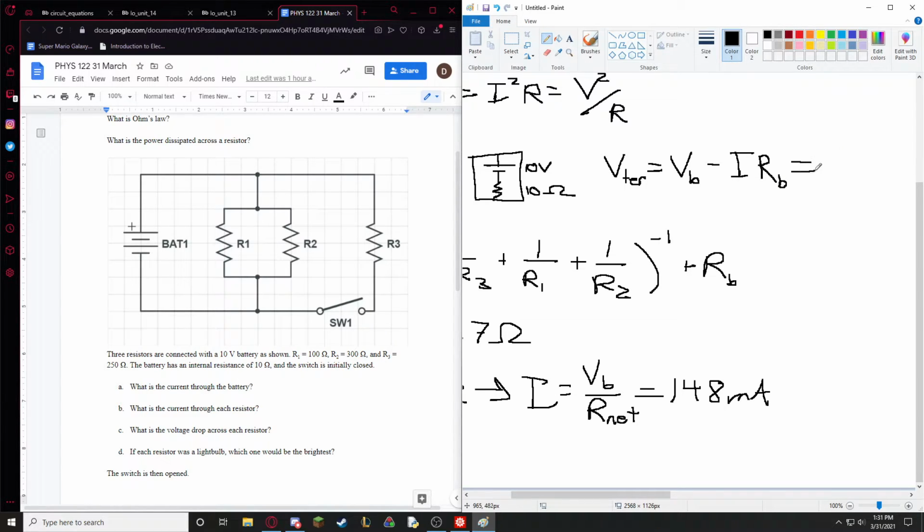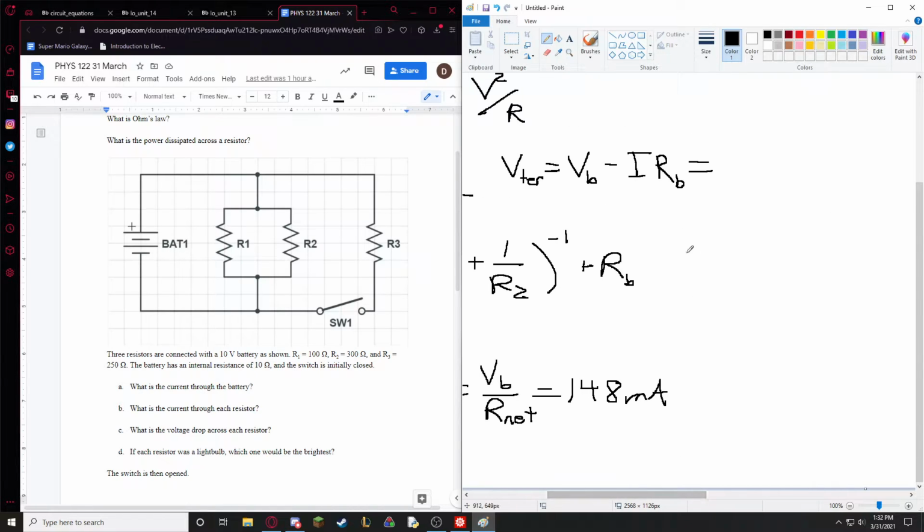If we multiply the current that we solved for times our internal resistance and subtract it from our 10 volts, we get a voltage across the terminals of about 8.52 volts. Did everyone else get that?